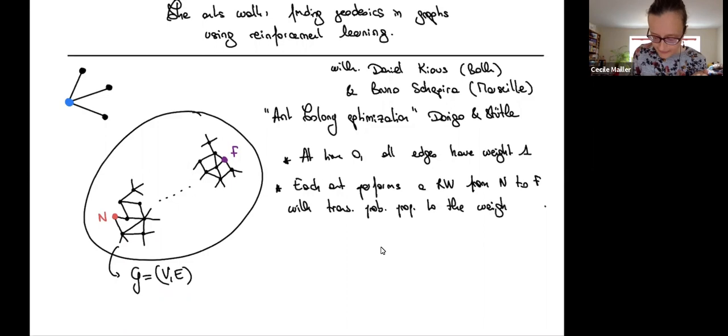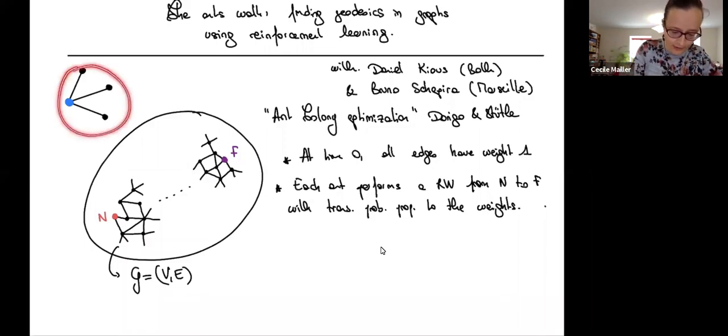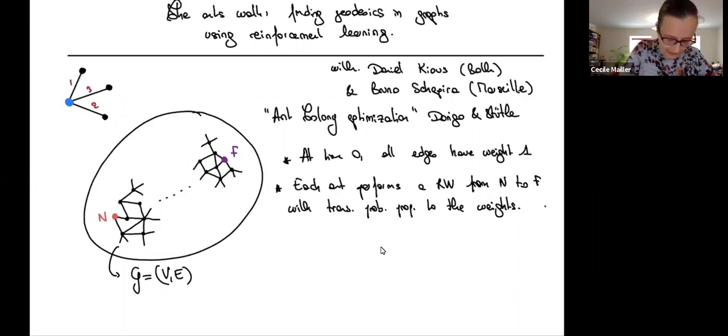So let me tell you with a little example what that means, just so that we agree, but it's really the standard thing. Let's have a look at this little drawing here, and let's imagine that the weights of these edges are 1, 3, and 2. And let's imagine that the ant is sitting here, and it needs to decide what the next step is. Where is it going to go next?